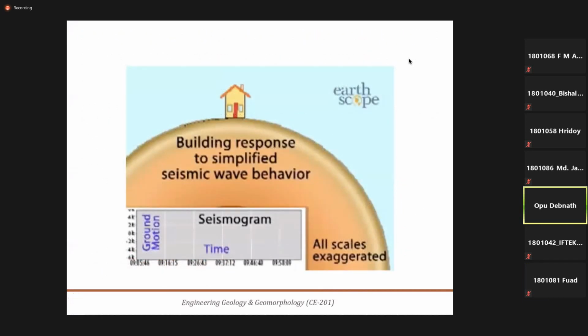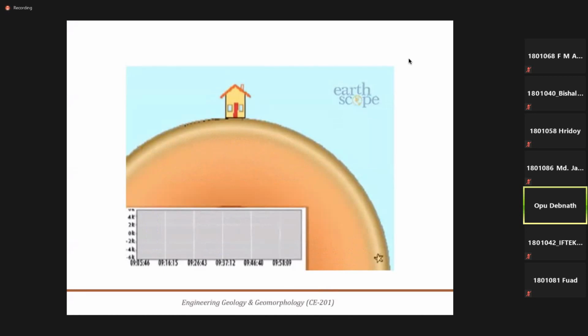So look at this animation. I think it's clear now.